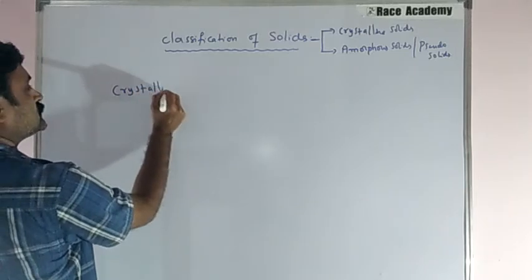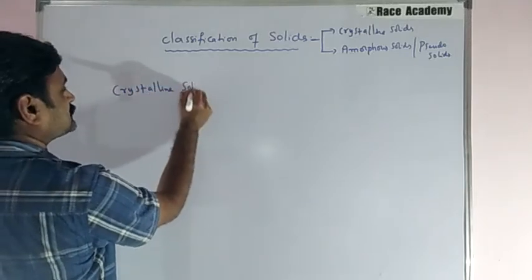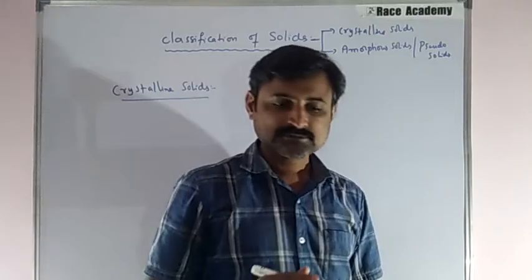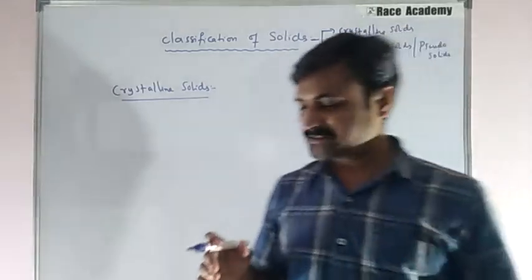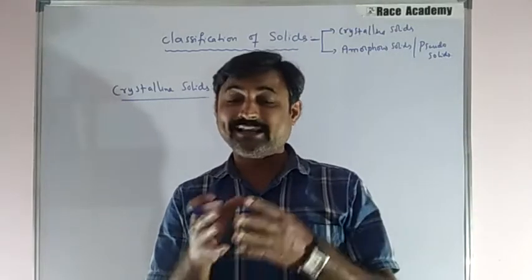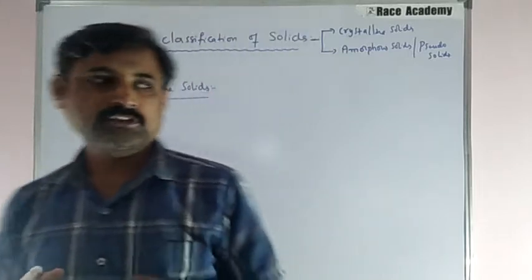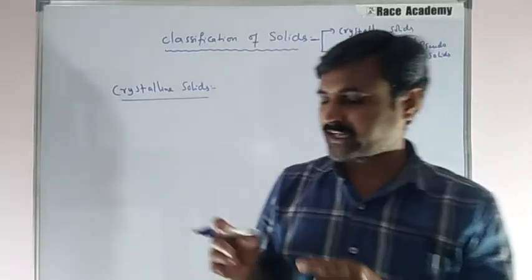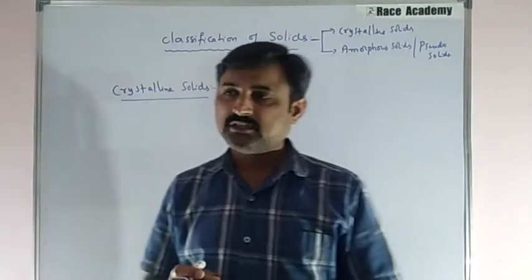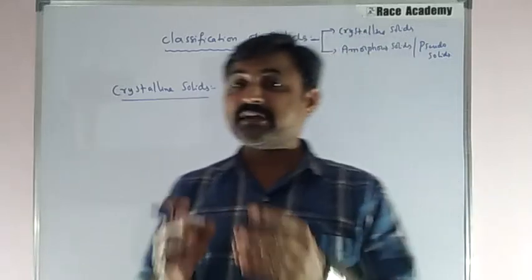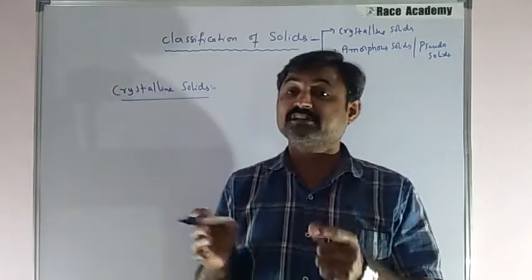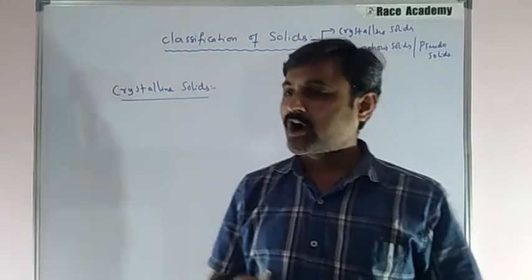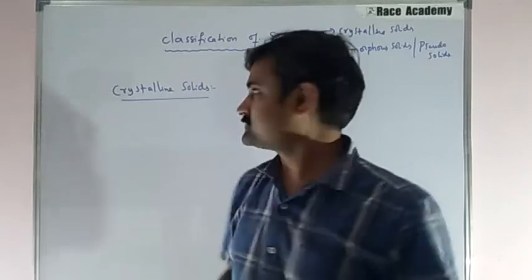Now, let us talk about crystalline solids. What is the meaning of crystalline solid? A systematic arrangement is the meaning of crystalline solids. So, what is systematically arranged? The systematic arrangement will be noticed in the case of crystalline solids for their constituent particles or constituent units.